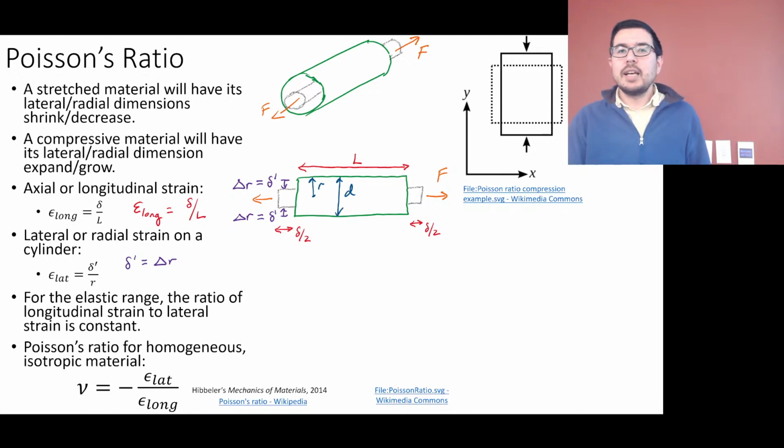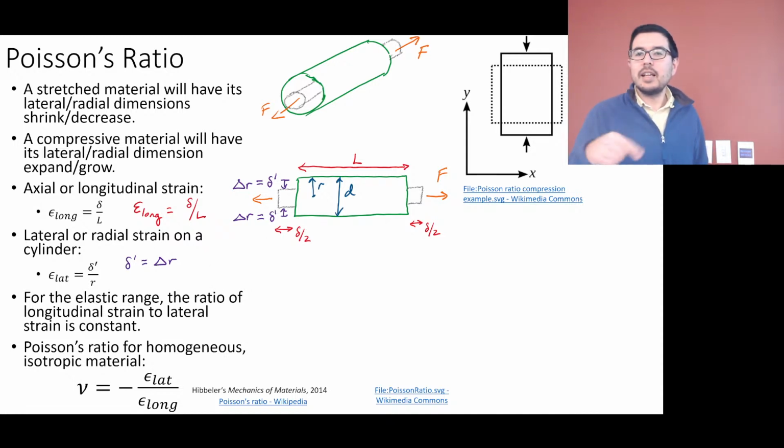We're going to mess this up. I'm going to mess it up at least one more time before I die, okay? This ratio is the same as saying that the change in diameter divided by the initial diameter, okay, is a strain, okay? But don't take this distance, delta prime, and divide by the diameter, okay?